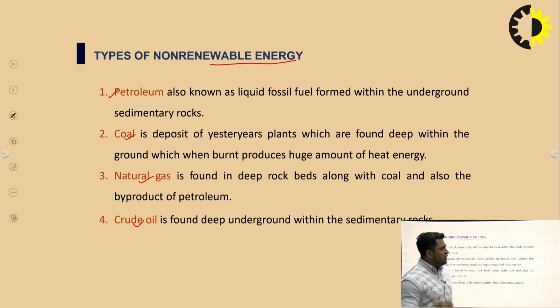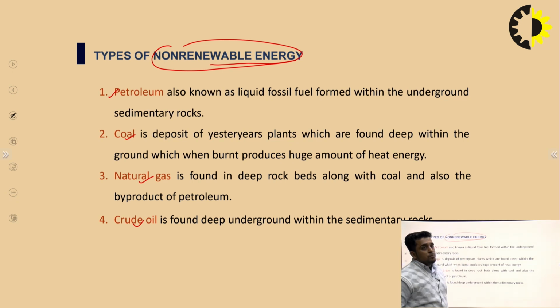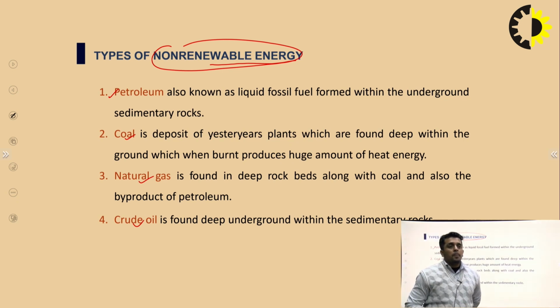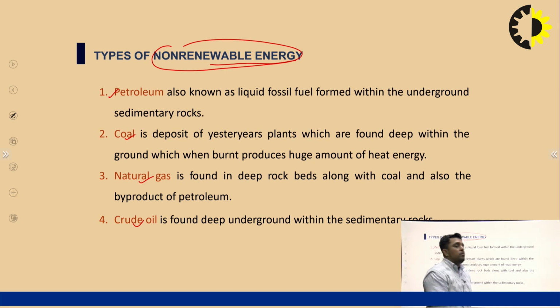So if we think a little bit deeper, by 2040 or 2045 or even before that, we will be in a situation where all these non-renewable energy resources will be consumed. So we need to focus on how we can shift from non-renewable to renewable.